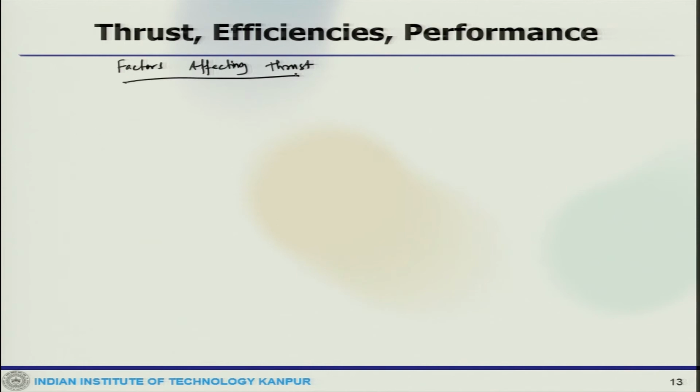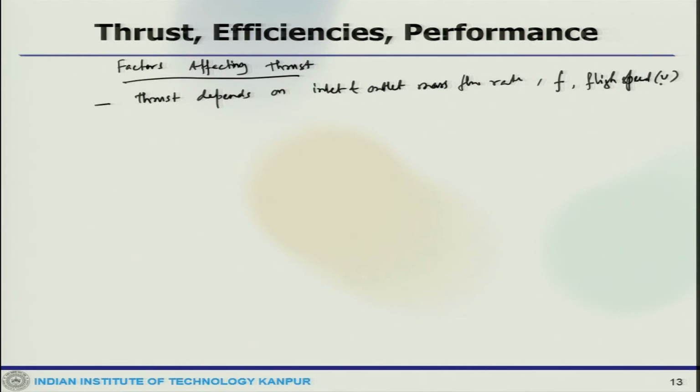Obviously, for any of these, turbojet, turbofan, or rocket engine, thrust depends on inlet and outlet mass flow rate, fuel air ratio, flight speed U, exhaust speed U_E, and then exhaust pressure and ambient pressure. So, all these are important factors.